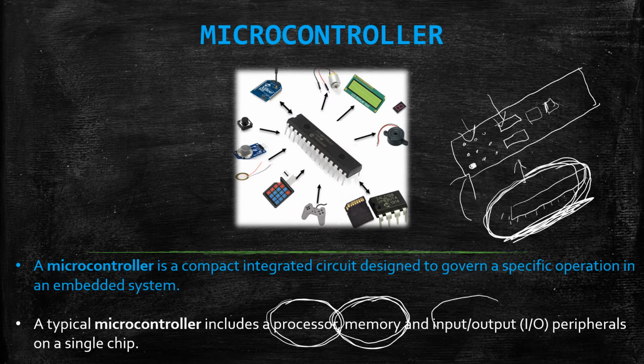And of course input-output peripherals, you can find them always, because on this remote you have different keys, right? These are nothing but the input, and all these pins must be connected with this microcontroller, right? And output means, if you have seen, in front of the remote control you can find a small bulb, a small light, right, rays, through which you can change the channel.